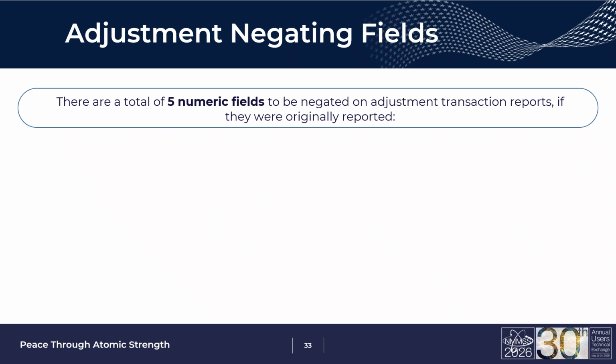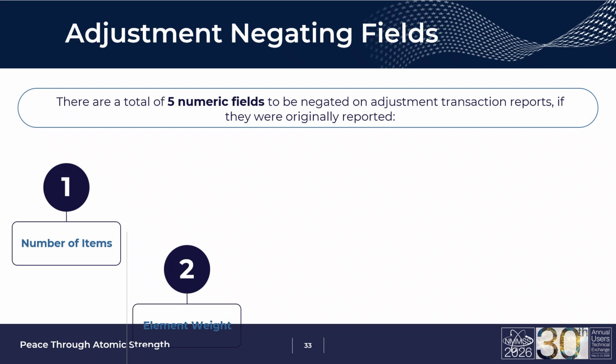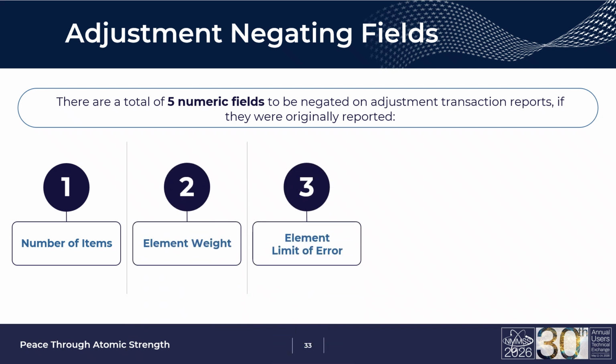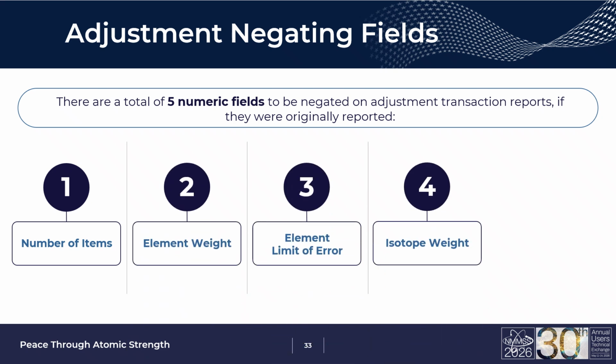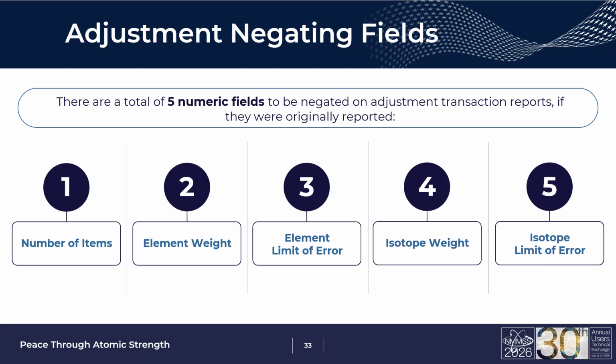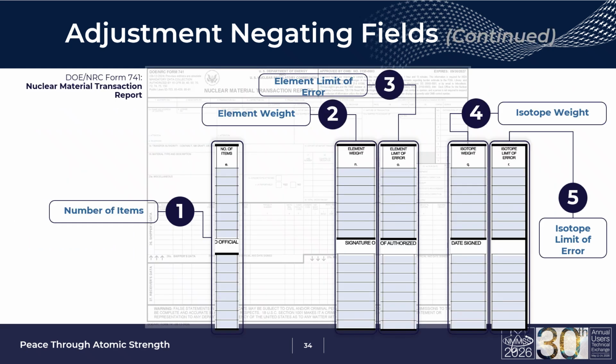These fields are number of items, element weight, element limit of error, isotope weight, and isotope limit of error. All 5 of the negating fields are located in the details section of the DOE NRC Form 741 in fields 26 and 27 as shown here.